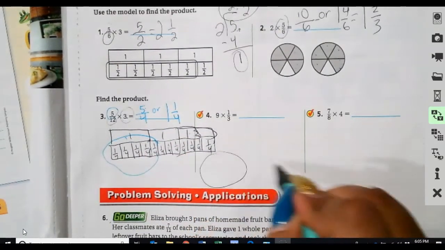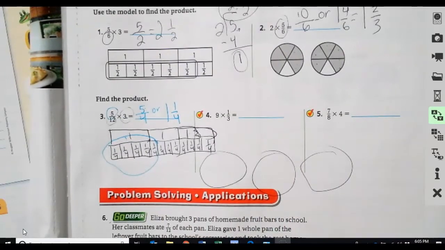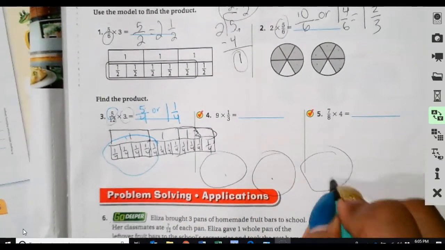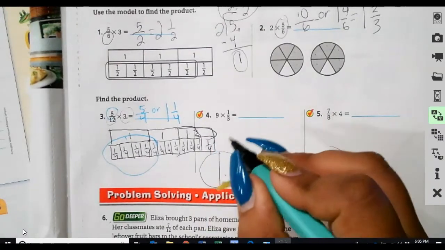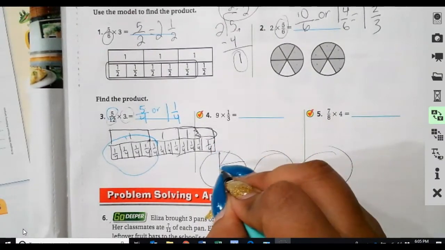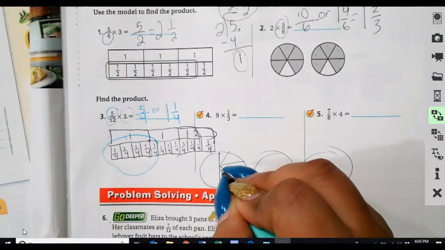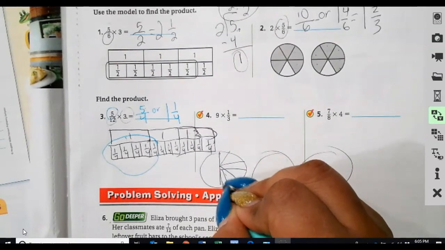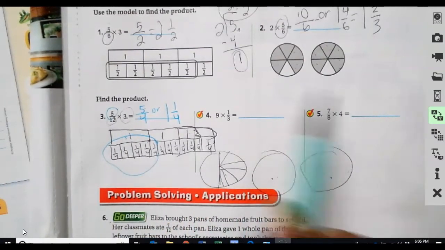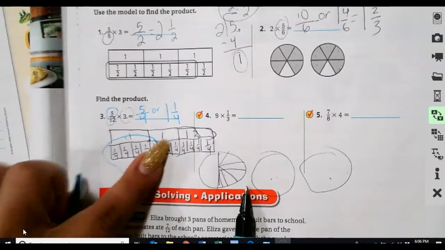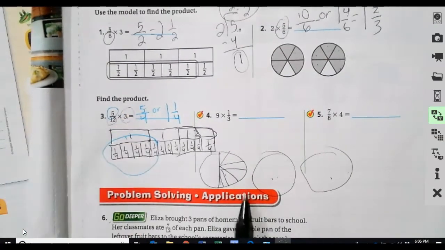That would have been 1, 2, 3. You would have to divide each fraction circle into 12 pieces. So that would be about 1, 2, 3, 4, 5, 6. I tried. Well, that's the idea. You would have to divide it by 12 and then shade 5 on each and then count all the shaded ones. I found this to be easier for this particular problem, but now I want you to try it.